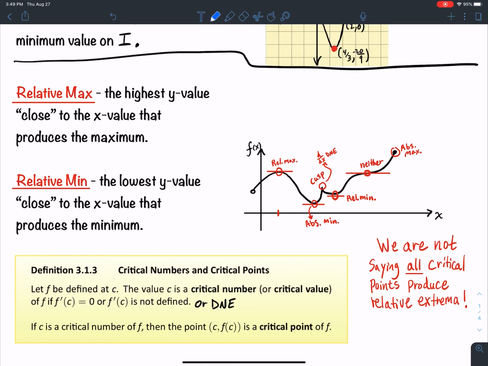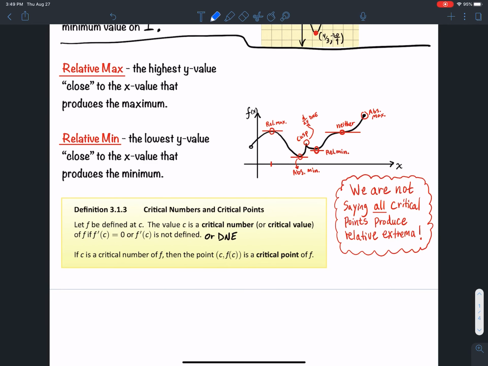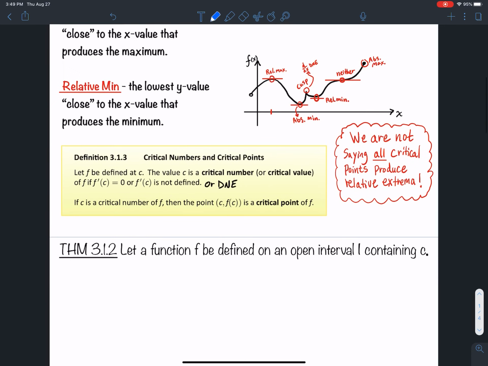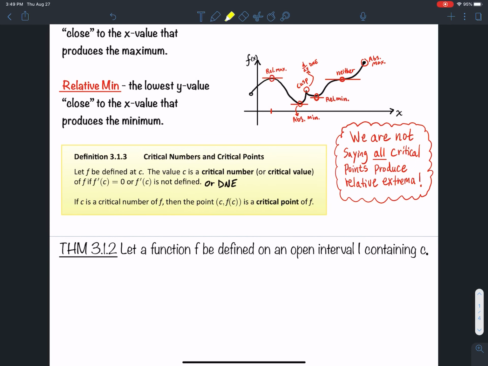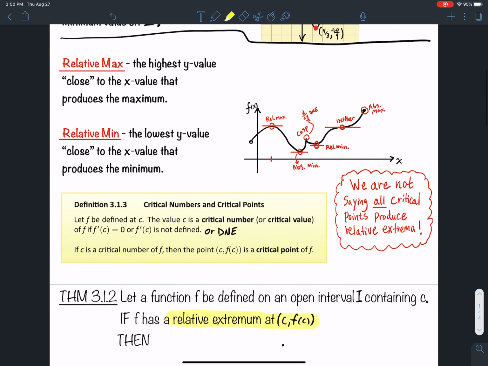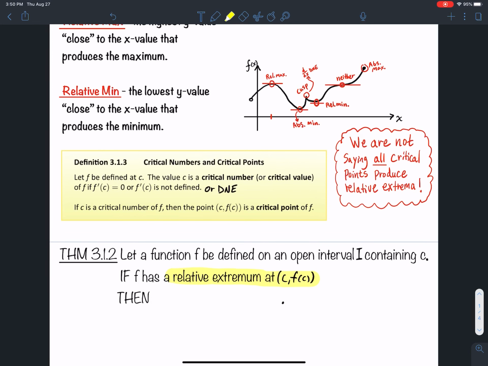Okay, so to illustrate this in a theorem, all right, there's a theorem, 3.1.2, and it says let f be a function defined on some open interval, and if f has a relative extrema at c comma f of c, okay, so there's some relative extrema, maybe it's a relative min or a relative max, we don't know, it's just something, then what do we know? c is a critical number, okay?